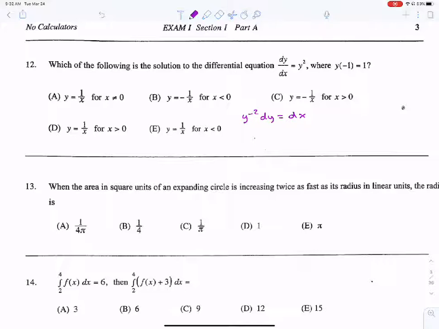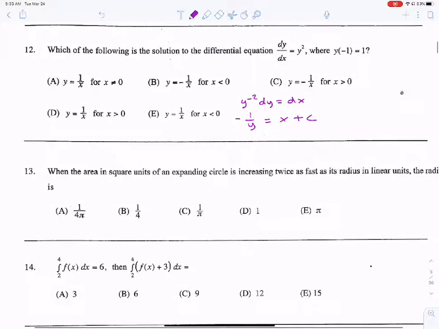So this becomes -1 over y equals x plus c.